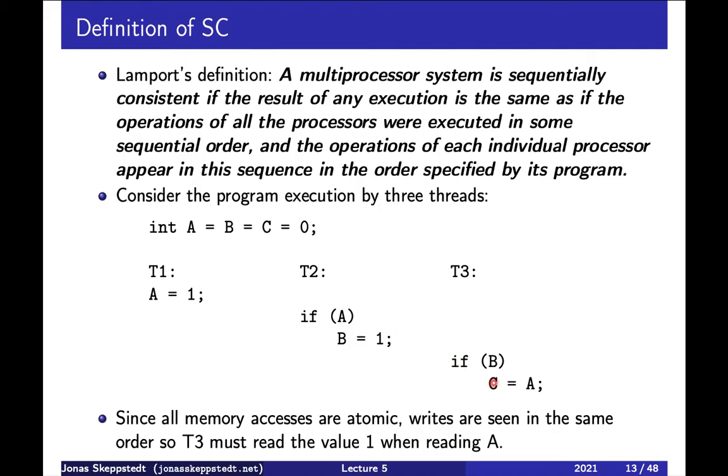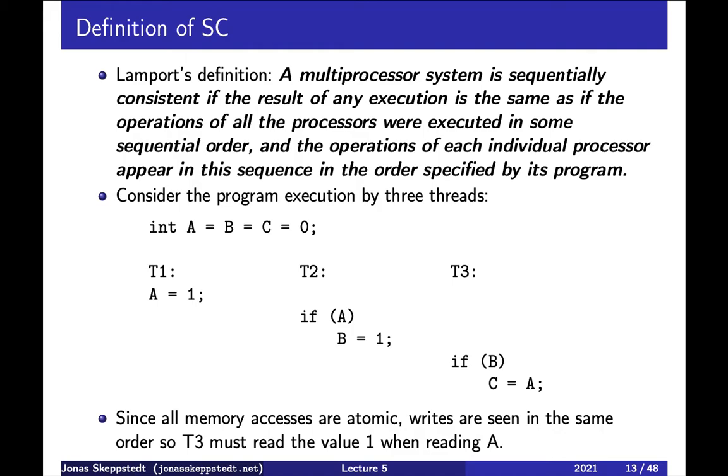And then if the machine is quite big, so that each CPU sits in like its own chess square, then the value of B may reach T3 before the value of A. And since they are overlapping, we cannot guarantee any order of when they arrive.